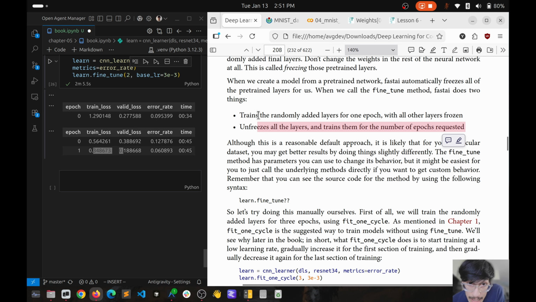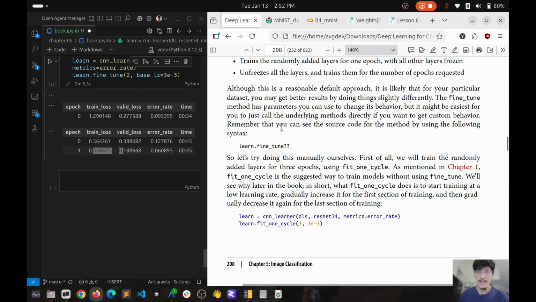So it still trains all the layers after one epoch. Okay, that's what this is for. I see. So this is the layers that are added, and this is all the other layers later.